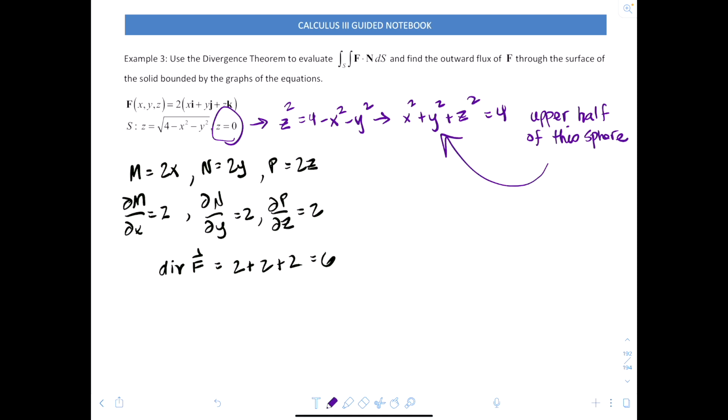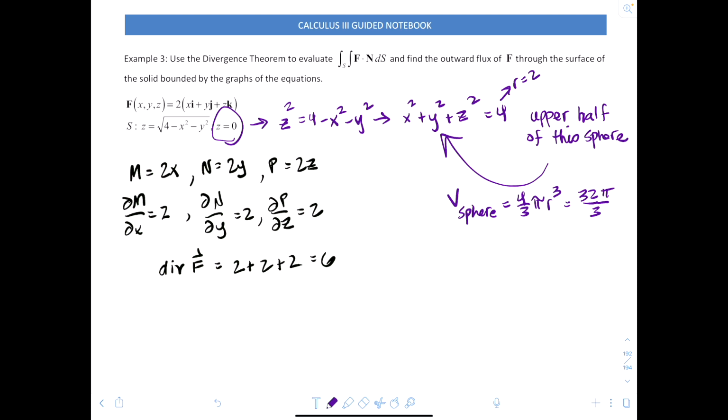Well, what is the volume of a sphere? The volume of a sphere is 4/3 pi r cubed, and for us, r is 2, right? So r is 2, so that would give us 32 pi over 3.